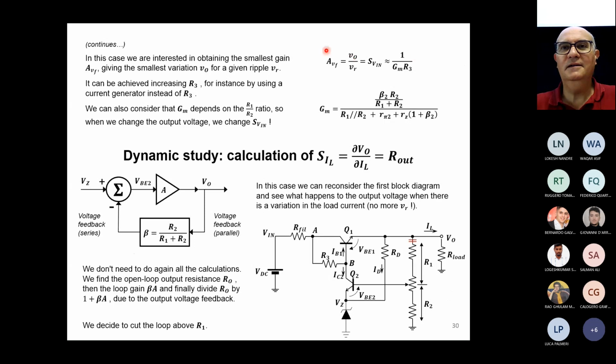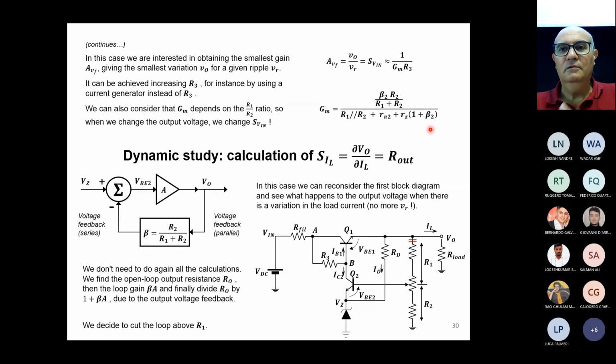So basically the stability factor with reference to the input voltage was something depending on the transconductance GM and the resistance R3. And so we made some considerations about this.